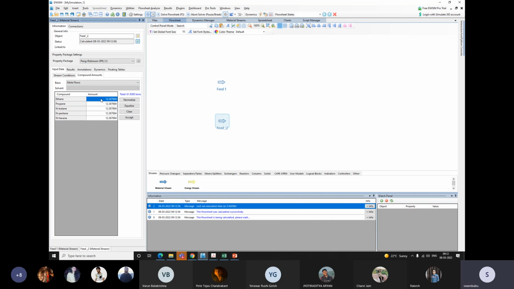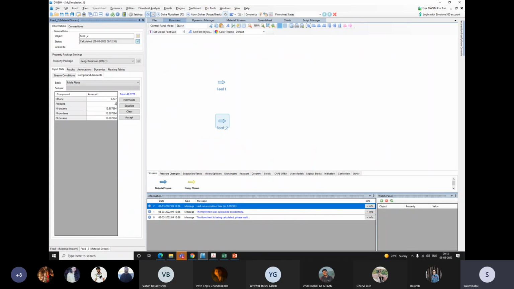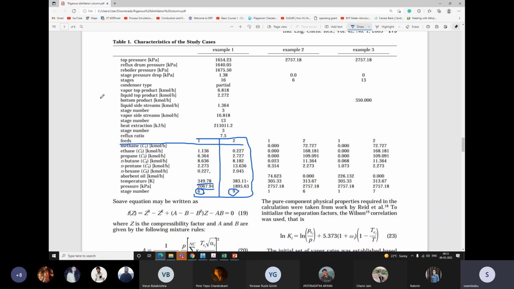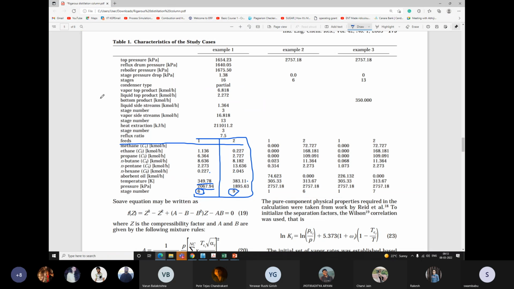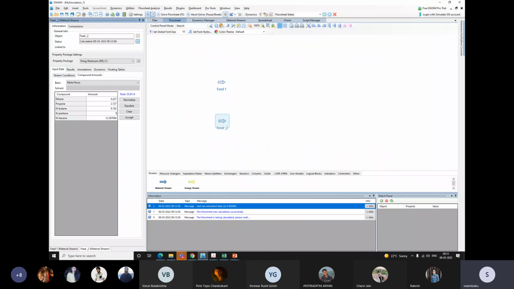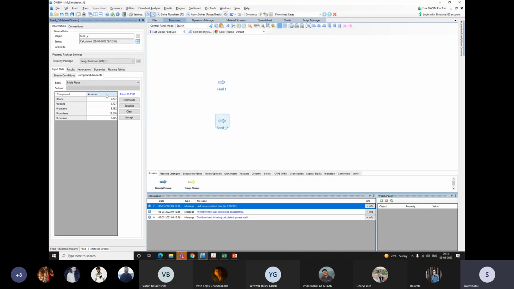And here ethane is 0.227, then 2.727, 8.182, 13.636, and 0.045. Here I kept it as mole flows.